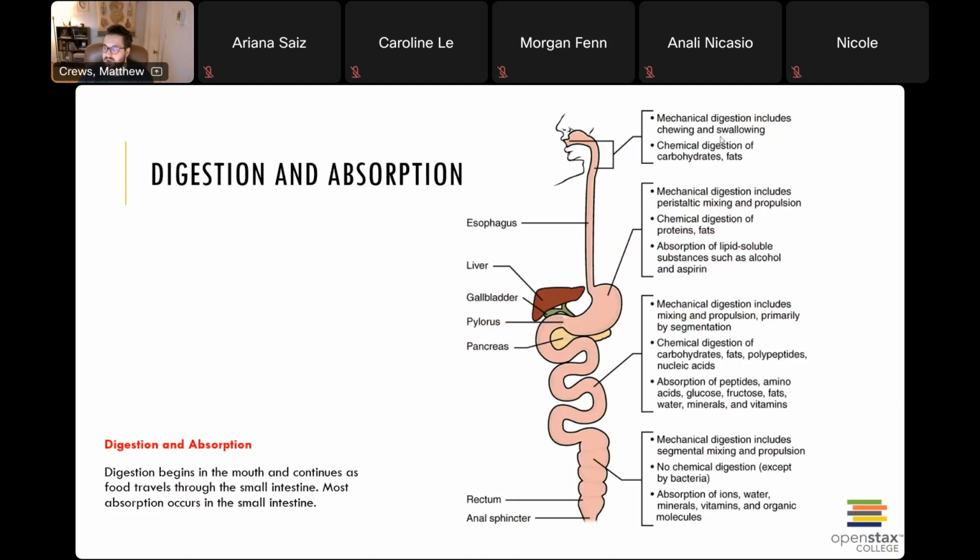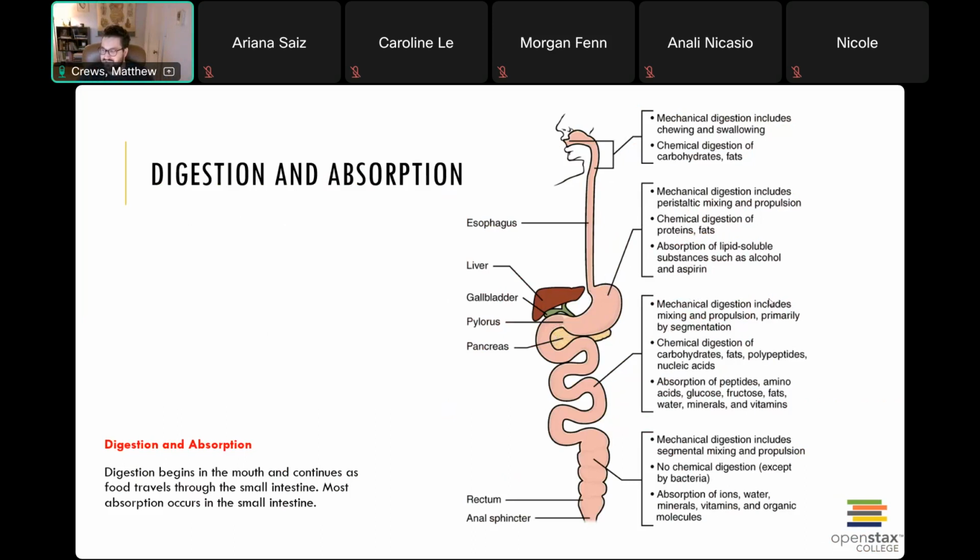Okay, so you are denaturing proteins with the acid, you're mixing it all up, and sometimes you are absorbing lipid soluble substances such as alcohol and aspirin. Okay, lipid soluble is the key here. So things that are soluble in lipids get absorbed, mostly a little bit in the stomach. Okay. Right from there, you're moving it through the pylorus and into the small intestine.